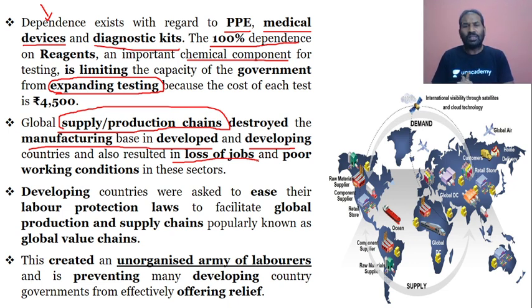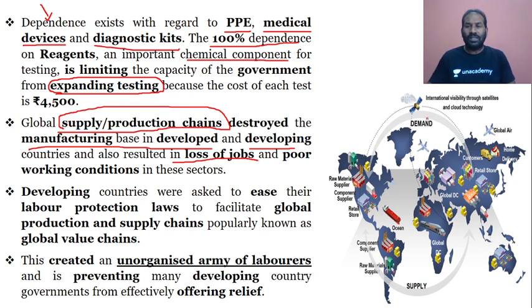And not only that, even now the developing countries have become more particular about the protection laws or labor laws, and those labor laws are also creating a kind of hurdle for the demand supply production chain system itself.